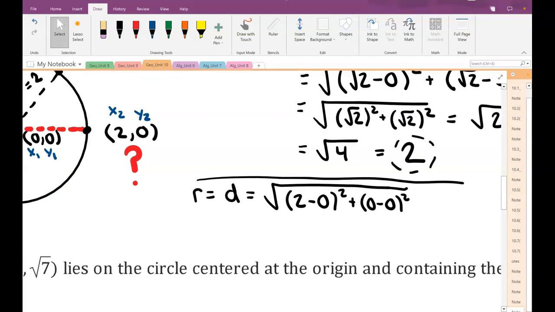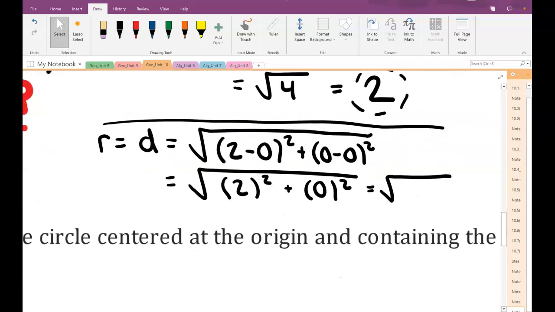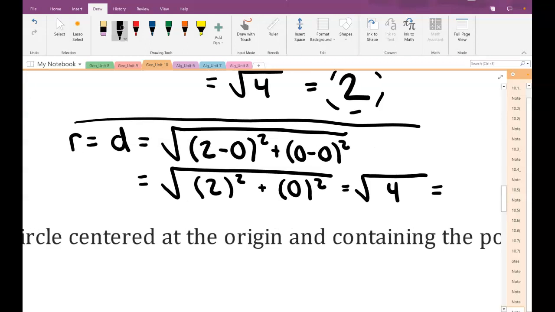Going through, doing some simplification, this will be the square root of 2 squared plus 0 squared. Again, when you're going through these, you'll probably show fewer steps. This is 4 plus 0, so this is the square root of 4, which is then equal to 2.